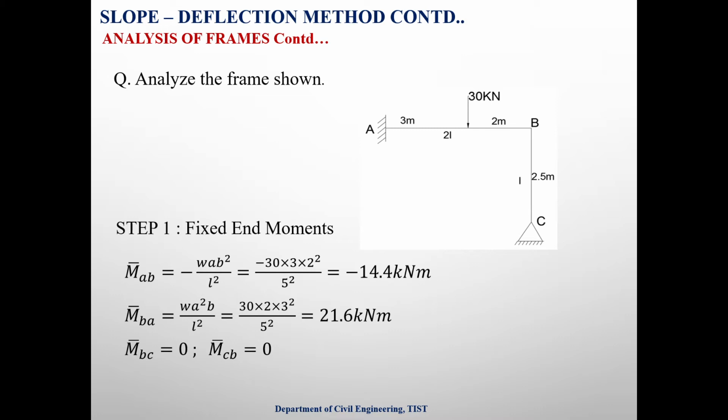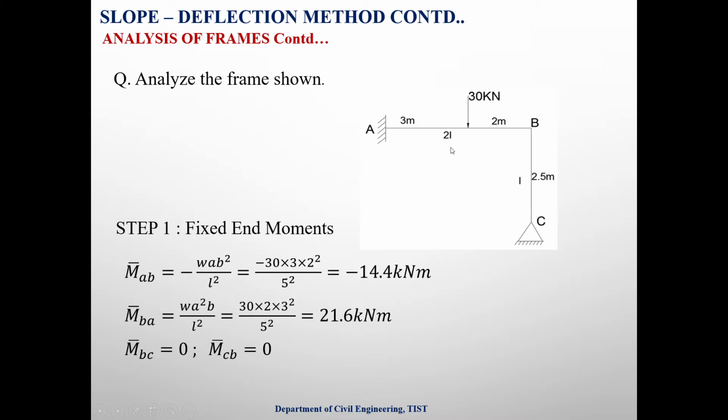Analyze the frame shown in the figure, and this is the frame given. The analysis of frames without sway by using the slope deflection method is similar to the analysis of beams by using the slope deflection method. As in the case of beams, step 1 is the fixed end moments.